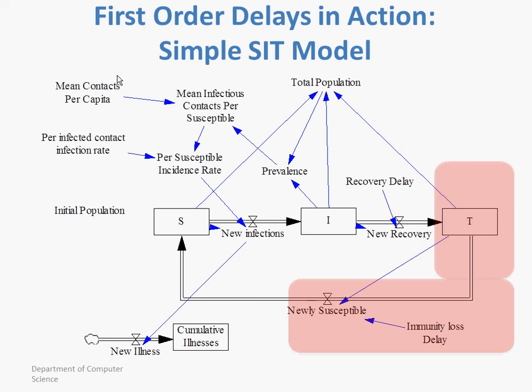At a mathematical level, if you have a stock X, and you have a time constant, call it tau, associated with it, so this is some delay associated with it, we can either write the flow out as x over tau, or we can write it as x times 1 over tau, right?